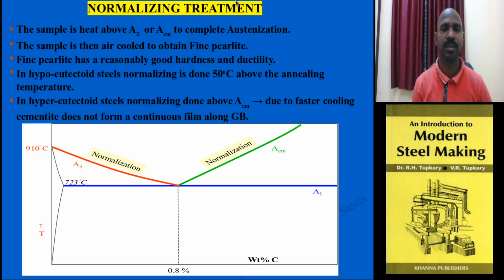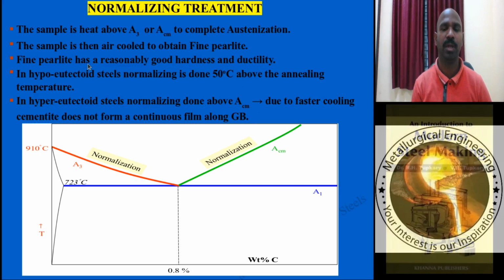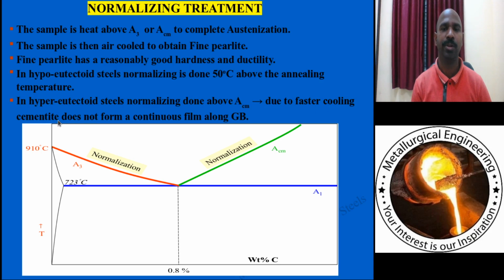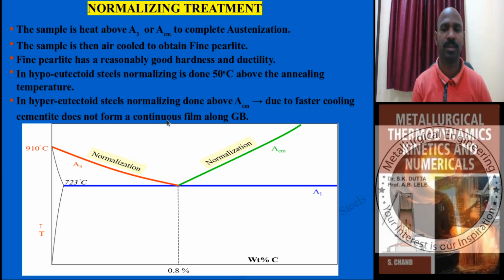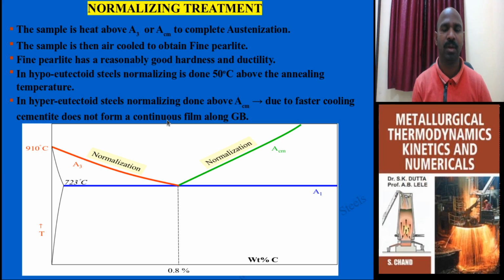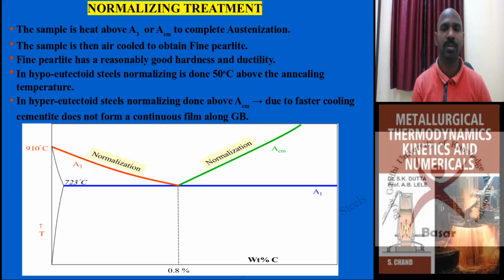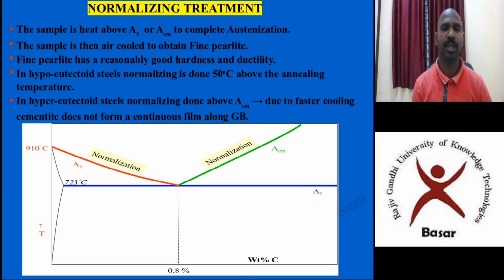With air cooling, the cooling rate is faster, and the large spacing between the cementite is not formed, as time is not provided, so that is why fine perlite forms in the normalizing treatment process.